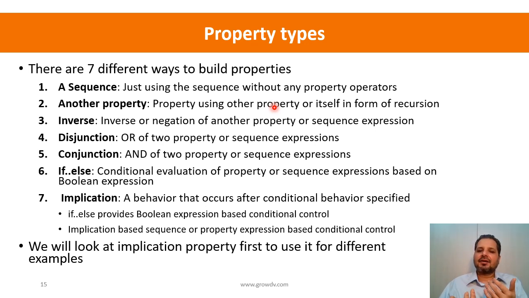So in implication, you can use either a sequence or another property. Whereas when you do the if else type of property definition, you can use only a Boolean expression. You cannot use another sequence or a property in the condition of if else. So we will look a little bit deeper into the implication property first, so that, as we called out, we can use it in the different examples of the sequences.